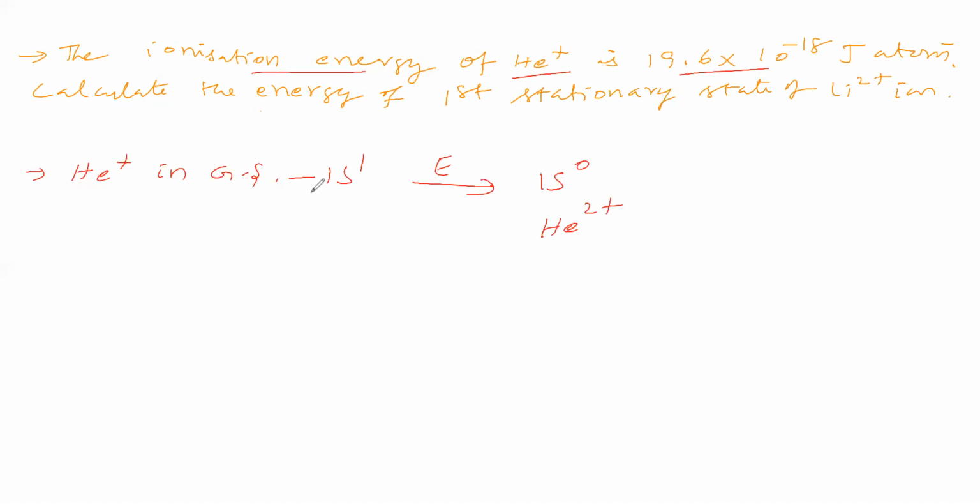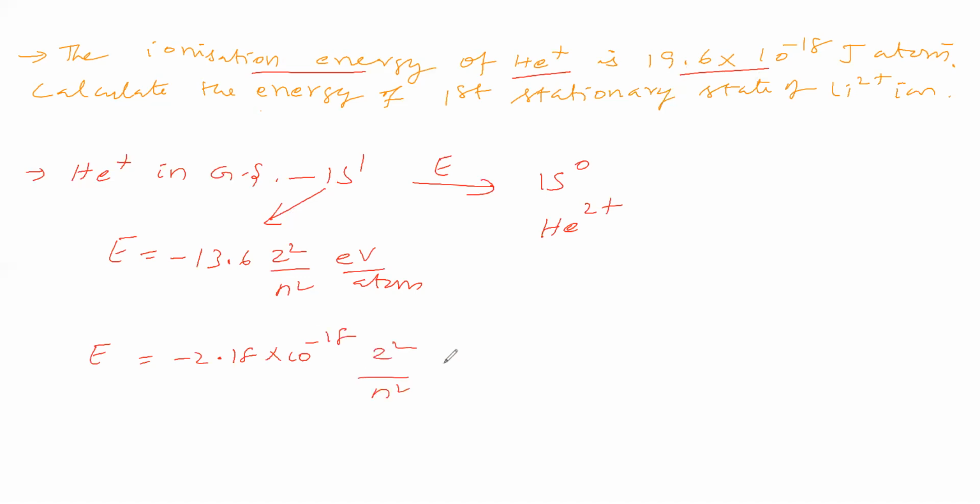Now let us calculate the energy of this orbital. The energy is equal to minus 13.6 into Z square by N square electron volt per atom. This is the formula we know. Otherwise we can take E is equal to minus 2.18 into 10 to the power of minus 18 Z square by N square joule per atom. Now we will take the hydrogen atom.